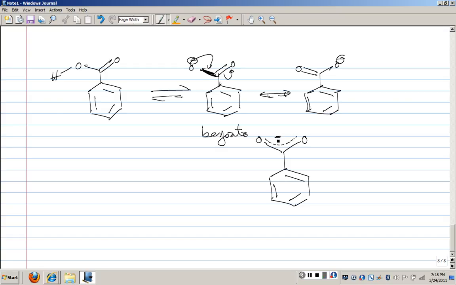So the question is, well, how effectively stabilized is the benzoate ion compared to the phenoxide? Because in the phenoxide, I had 4 atoms shouldering the 1 minus charge. Here I only have 2. And we said that in general, the more resonance forms I can draw, the more delocalized is the charge. And sure enough, the charge is somewhat more delocalized.